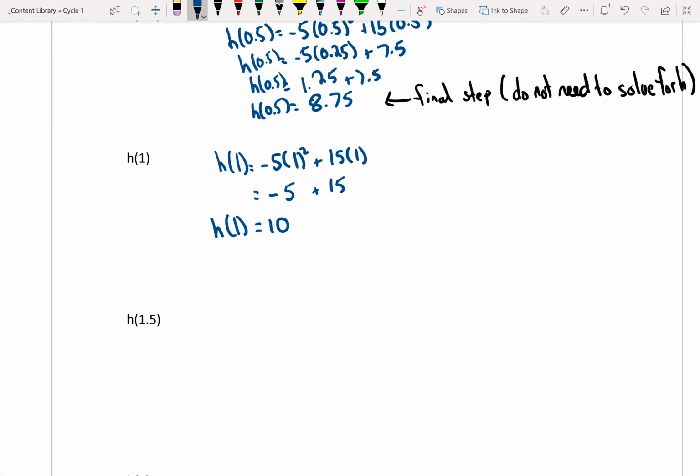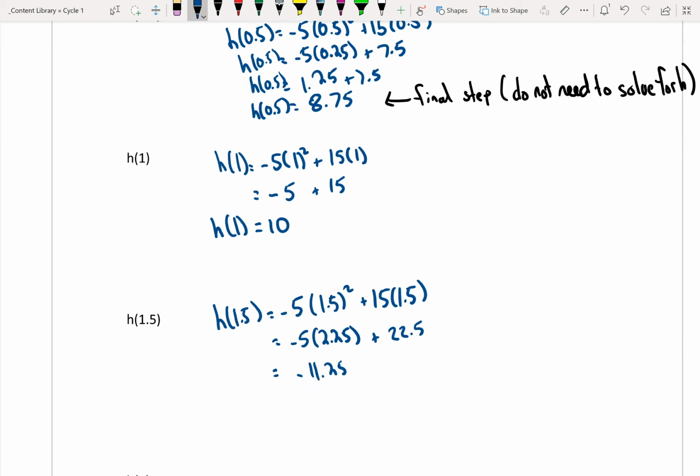h of 1.5, again, same idea. Everywhere the t was, I'm going to replace it with 1.5, and I'm going to go through and solve. So 1.5 squared is 2.25, so we have negative 5 times 2.25, which is negative 11.25, plus 15 times 1.5, which is 22.5.